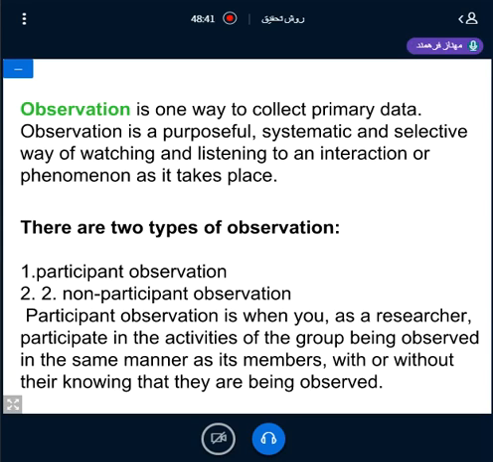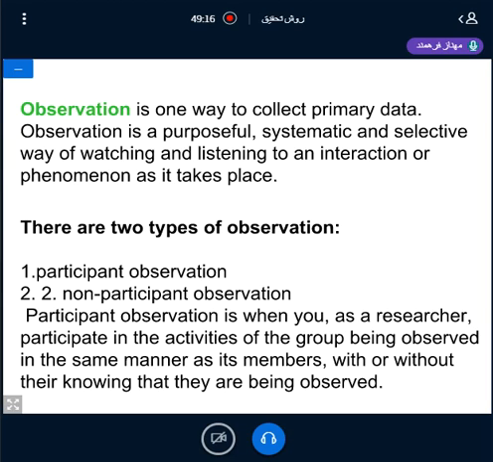And observation is one way to collect primary data. You saw that in the table. Observation is a powerful, systematic, and selective way of watching and listening to an interaction or phenomenon as it takes place. So observation is one of the ways to collect primary data, and that is very important.